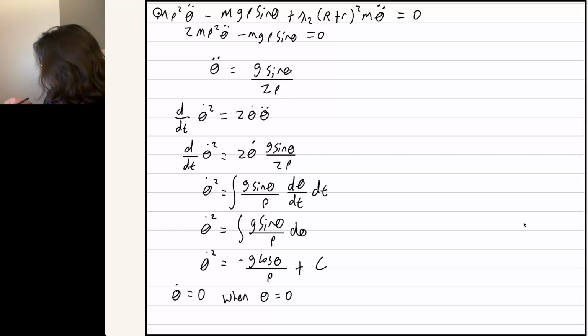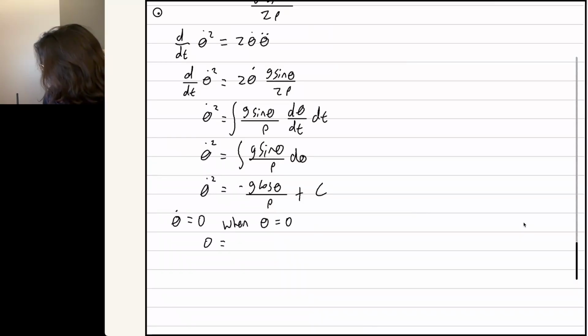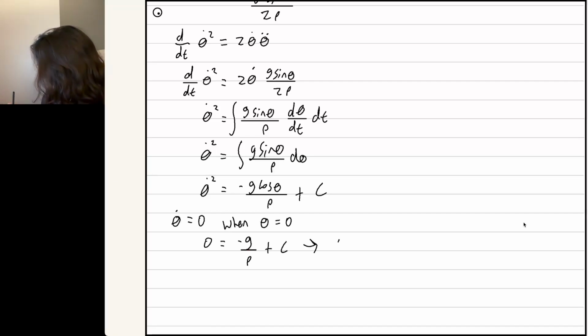Right, so just plugging that in, we have minus g over rho plus c, so c is just g over rho. So finally we have a form for theta dot squared as being g over rho times 1 minus cosine theta.